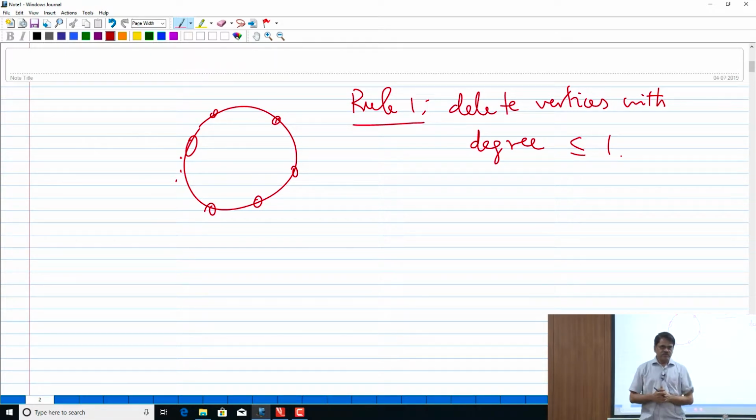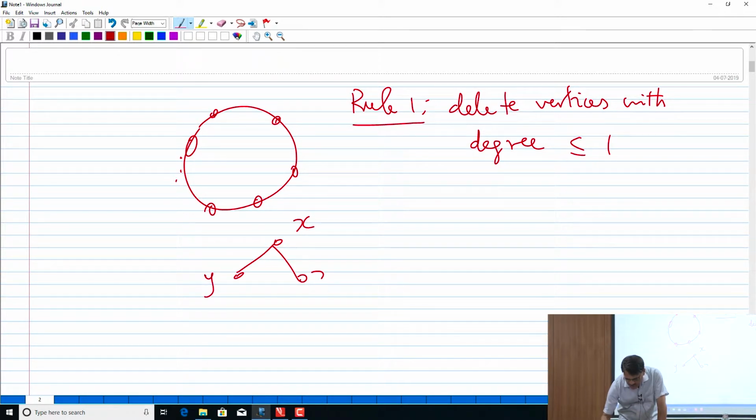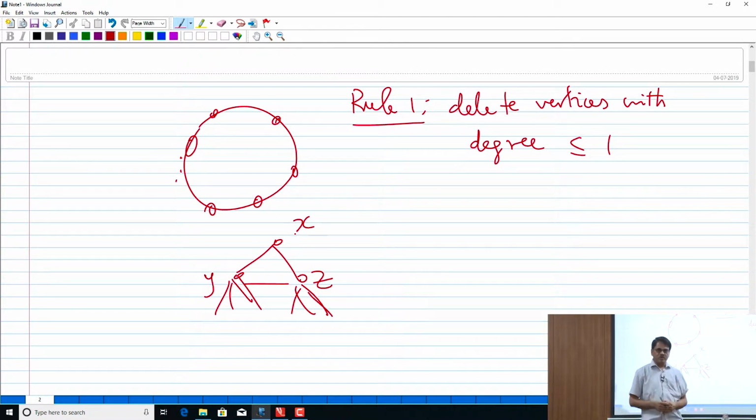Now what do we want to do with degree 2 vertices? So I have a vertex x whose degree is exactly 2, with neighbors y and z. y may have lots of things, z may have lots of things, they may be adjacent. Can I do something with degree 2 vertices?